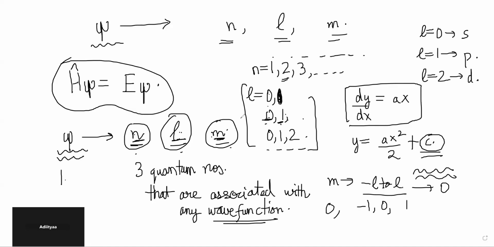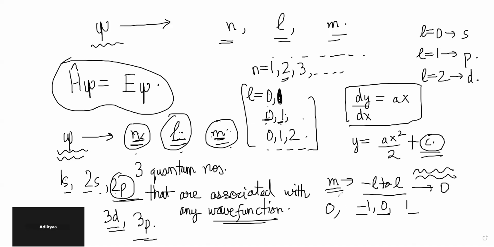So basically, the values of the numbers will tell you which orbital we are talking about, right? 1s, 2s, 2p, 3d, 3p, whatever, right? And inside the p orbital also, there will be three different types of p orbital, which depends on the way the p orbital is aligned in space. And those will be the minus 1, 0, and 1. The m value will decide that, right? So you can even go further and call it 2px, 2py, 2pz, right?